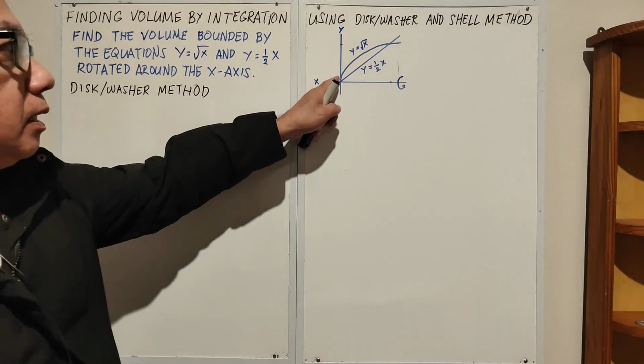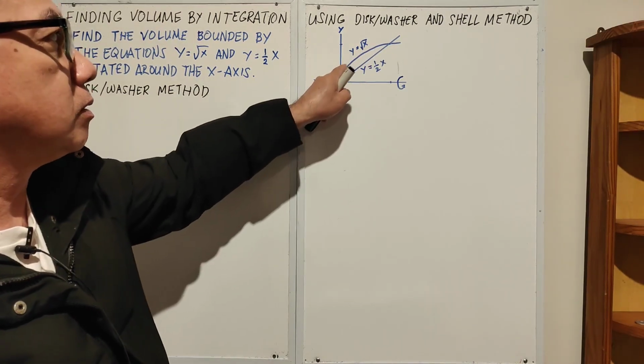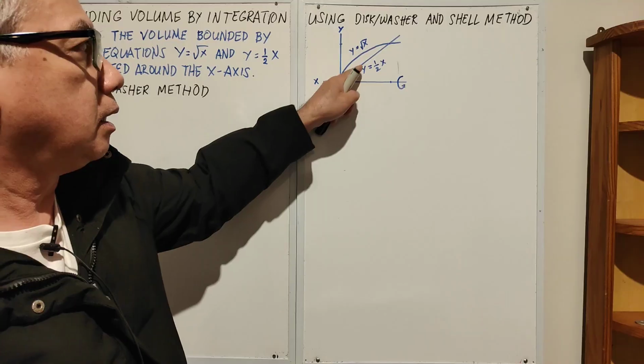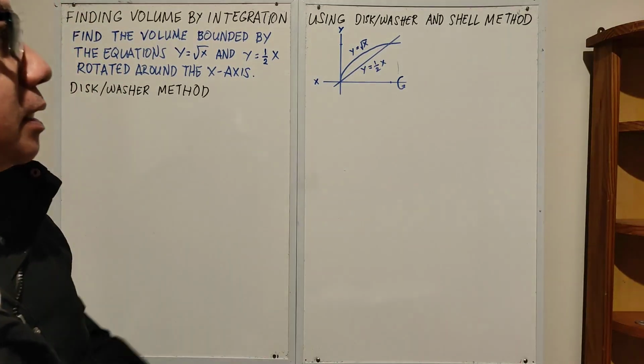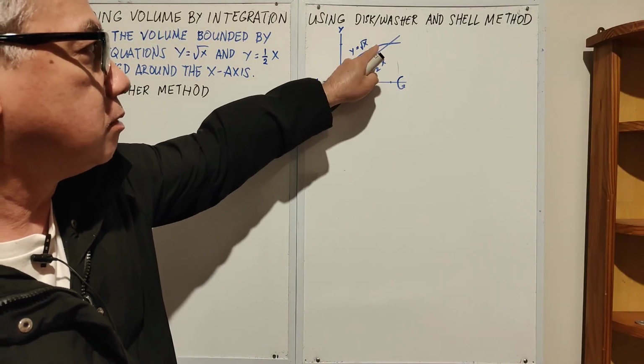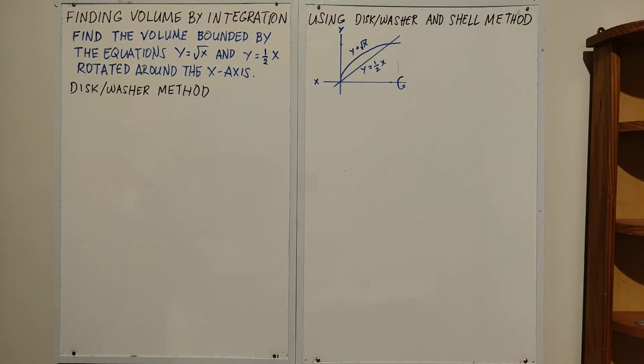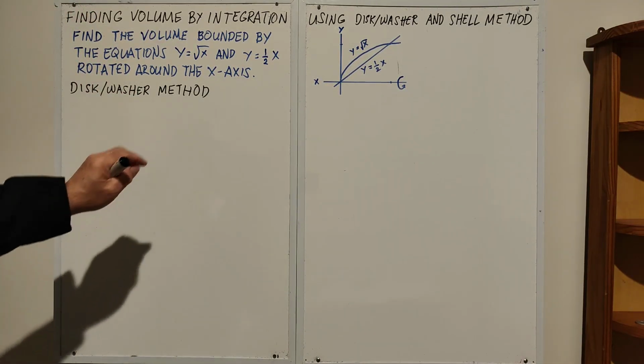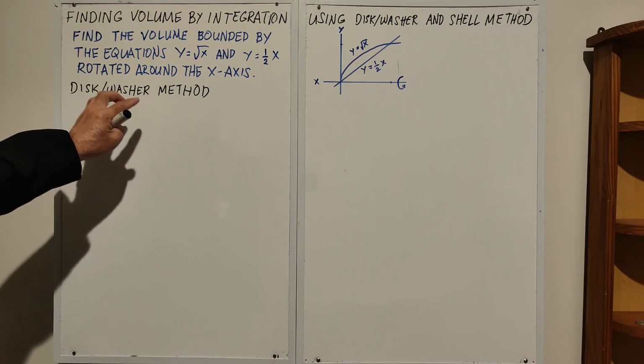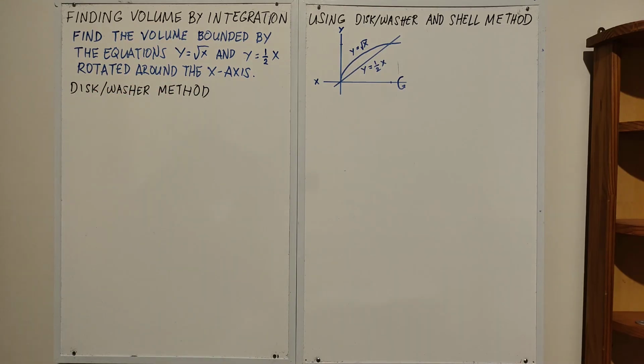So this curve is your y is equal to square root of x, and this straight line is y is equal to 1/2 x, and this will be rotated around the x-axis. I will be using both methods, first the washer method and then the shell method, to show you the differences.